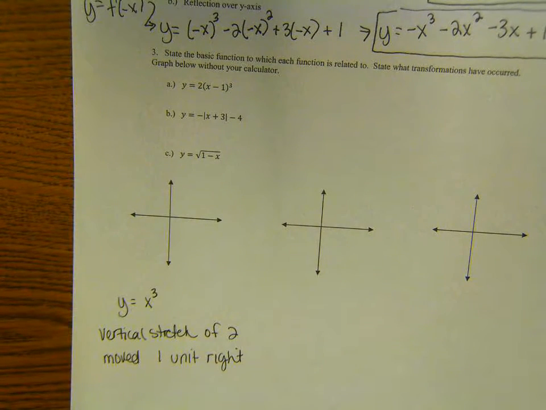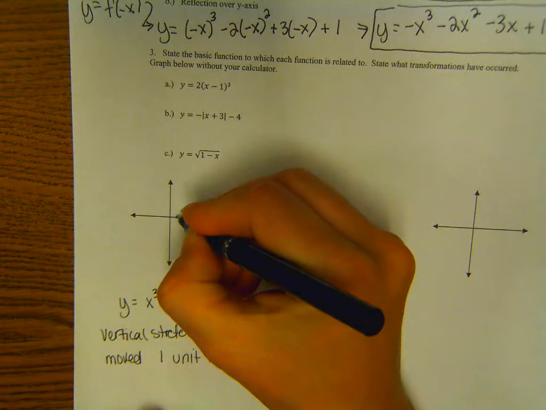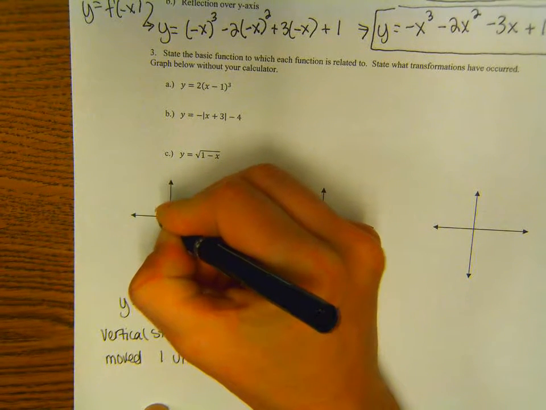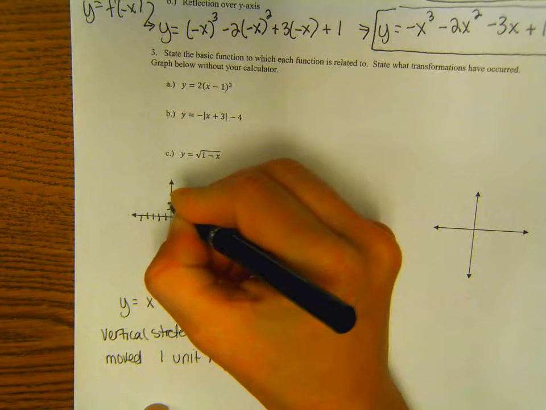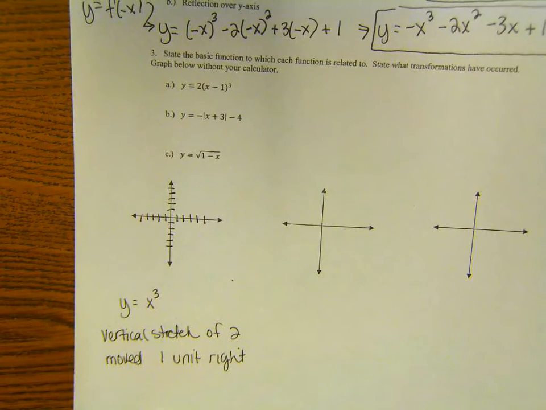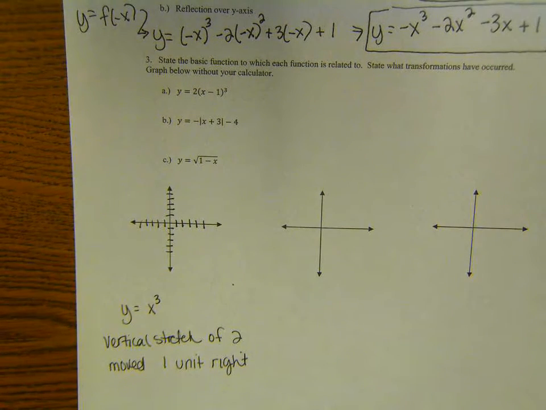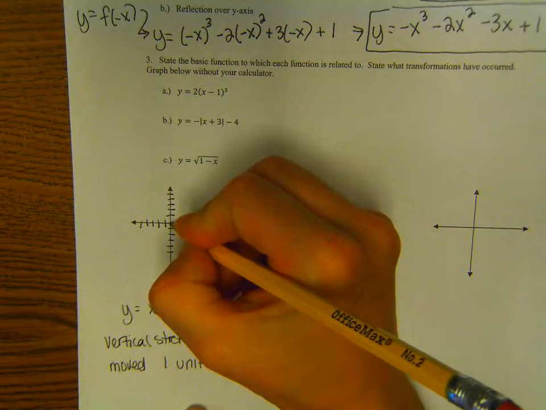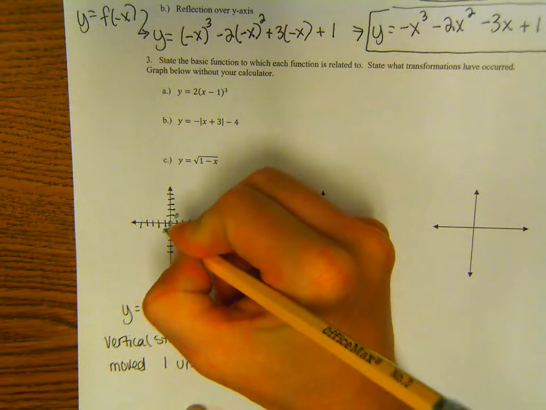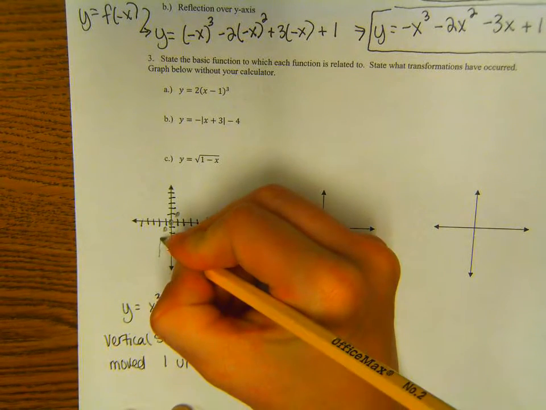Okay. Just for a point of reference, what I'm going to do with a pencil is lightly sketch x cubed, and then we're going to do those transformations. Let's try to do a scale of, like, go 5 each way. The x cubed graph goes through 0, 0, 1, 1, and -1, -1, and then it's kind of curved like this.